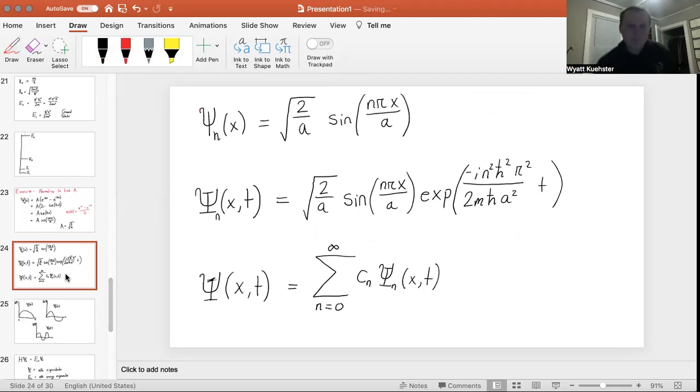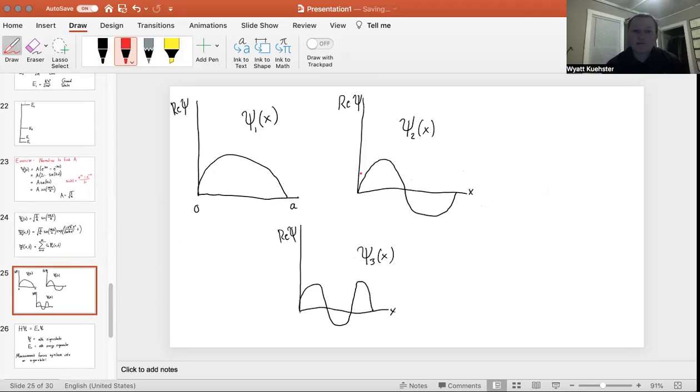Okay, so then we've found our time independent solutions, or these are the eigenstates of the Hamiltonian. So it's root 2 over a sine n pi x over a. And let's draw them as well. So this is what the time independent eigenstates look like, for when they're real. So I don't need to write the real part of psi, I can just write psi.